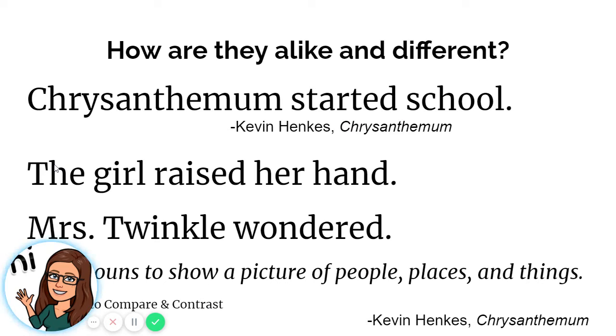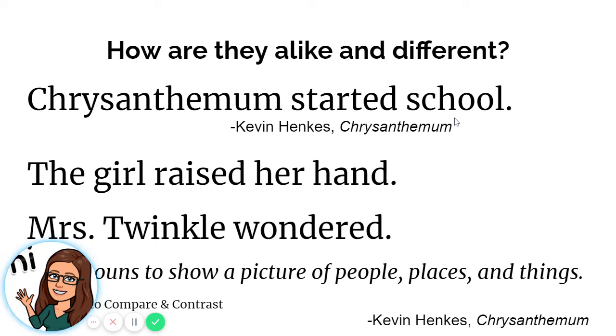Well, I remember that we talked about how each of these sentences has nouns, those people, places, and things that we could picture in our mind. Let's see how many nouns are in sentence number 1.